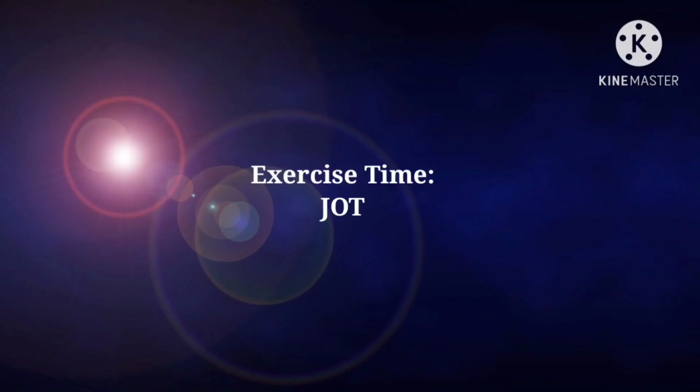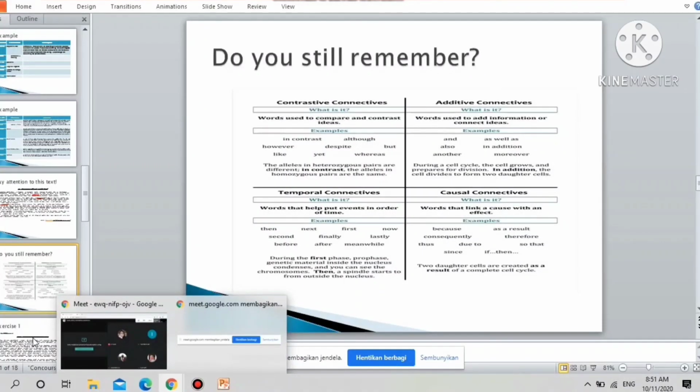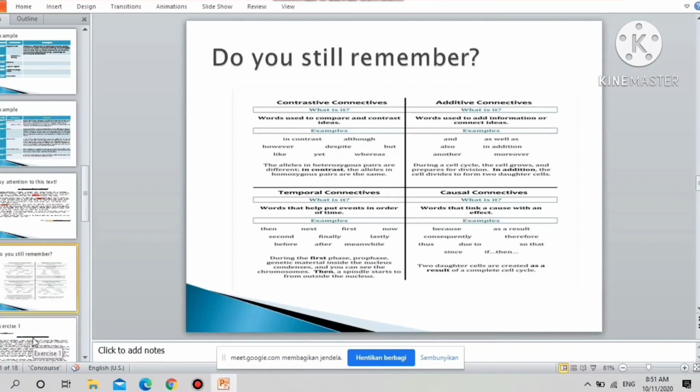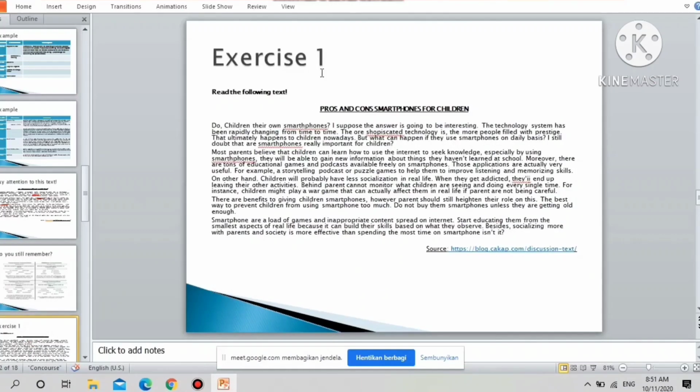Okay, next. For more understanding, go on to exercise 1. Before going to the exercise, please read this text first. The following text is about the pros and cons of smartphones for children.